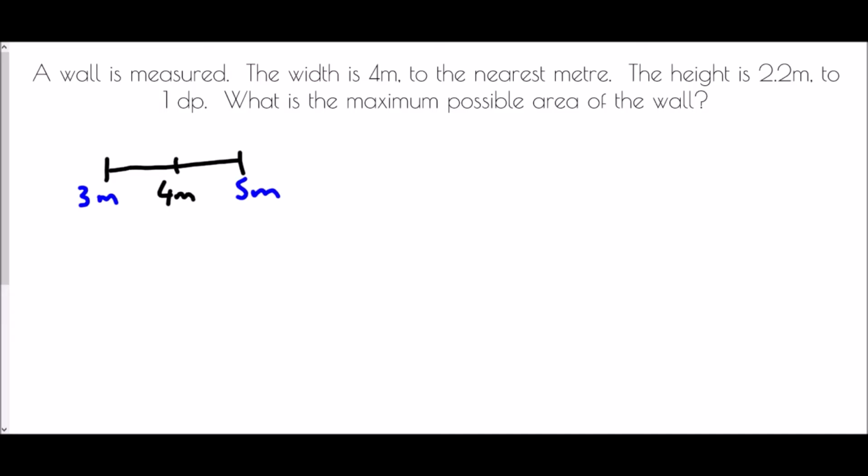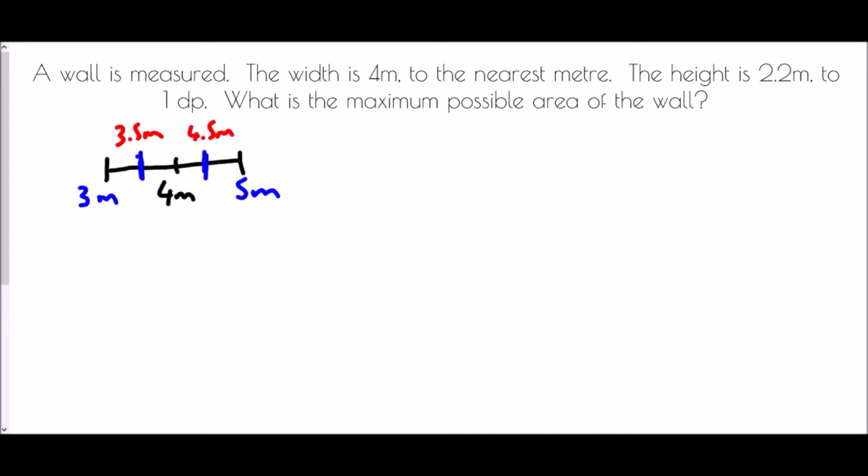But this has been rounded to 4 meters, and therefore the important values are actually the ones halfway in between. So halfway on this side will be 3.5 meters, and at this side will be 4.5 meters. Those are what we would call our upper and lower bounds. So the smallest that wall could have been would be 3.5 meters, the largest 4.5 meters.